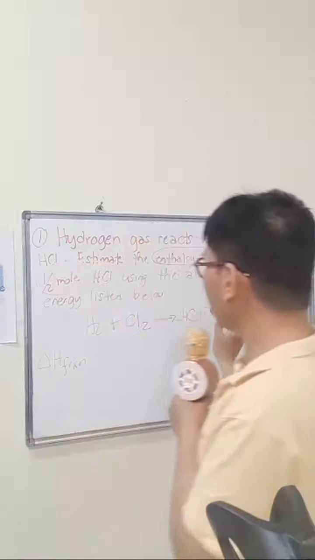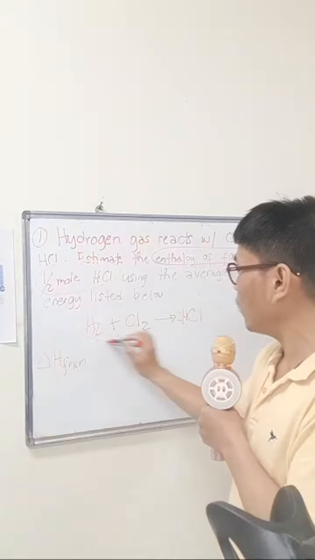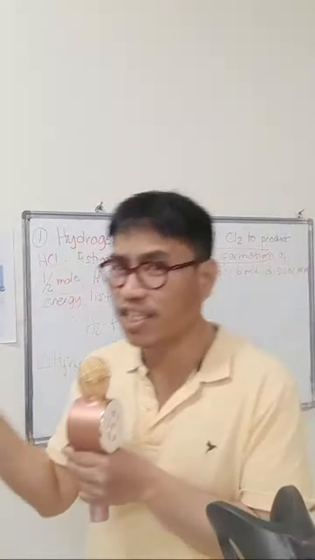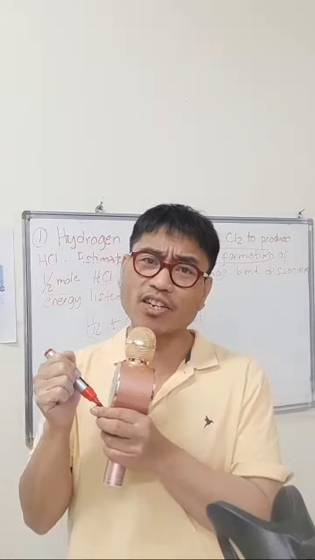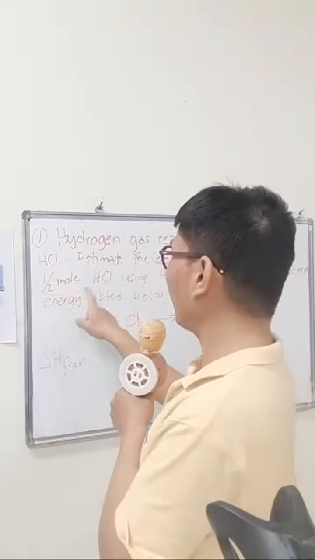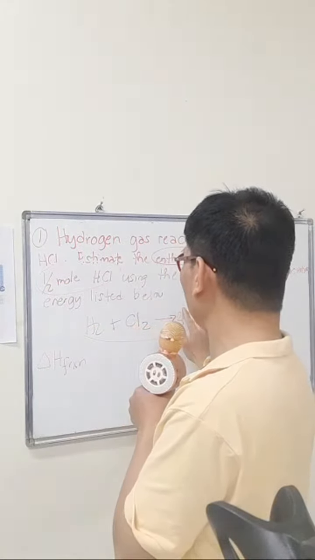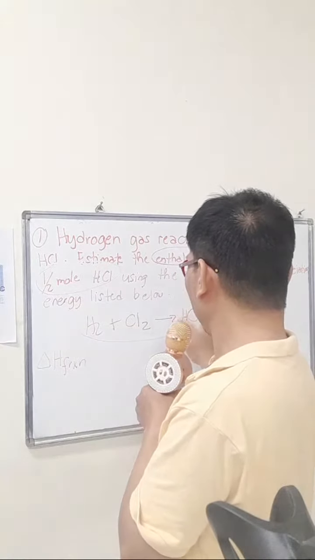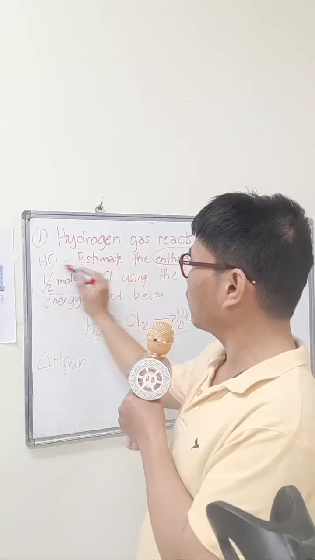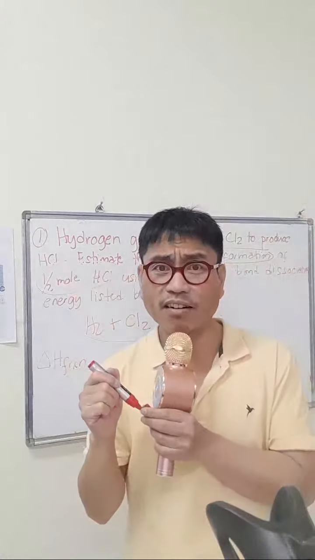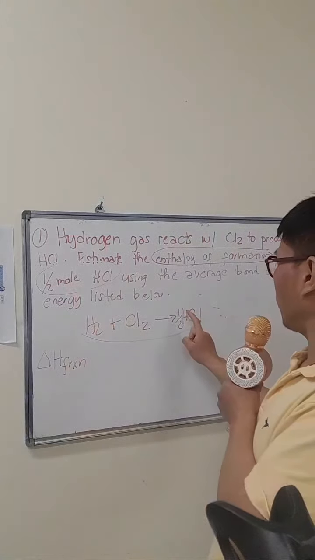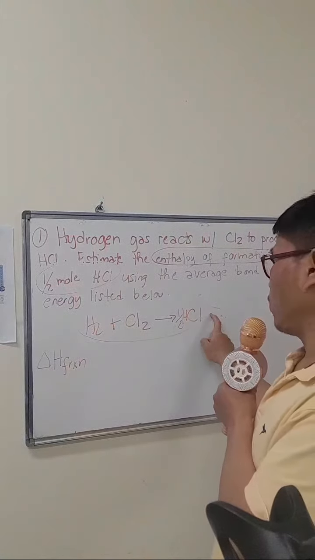Even though we balance the equation in this way, we don't base our solution on this. We need to adjust our chemical reaction to yield 1/2 mole of HCl. So I have to remove this 2 and put 1/2 because that is what you desire to obtain. Okay, now balance again. So 1/2 HCl, 1/2 chlorine.